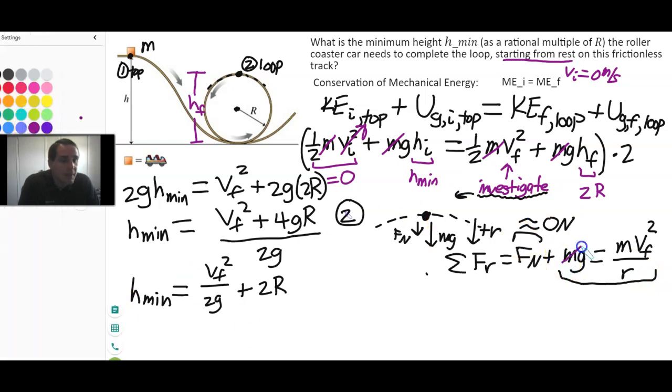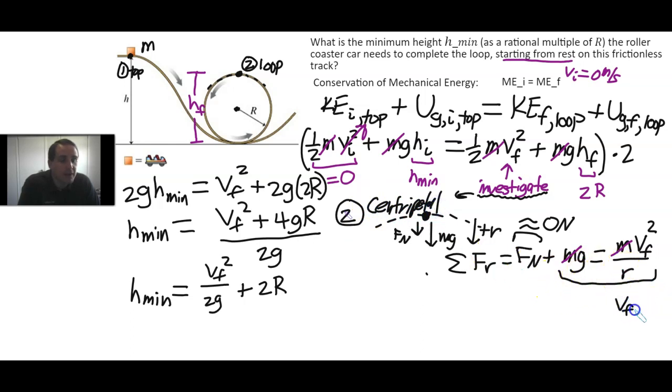And notice that these masses would also cancel when we equate these. So look at this. We can actually get v final squared from the centripetal part. We can express v final squared as g times r.